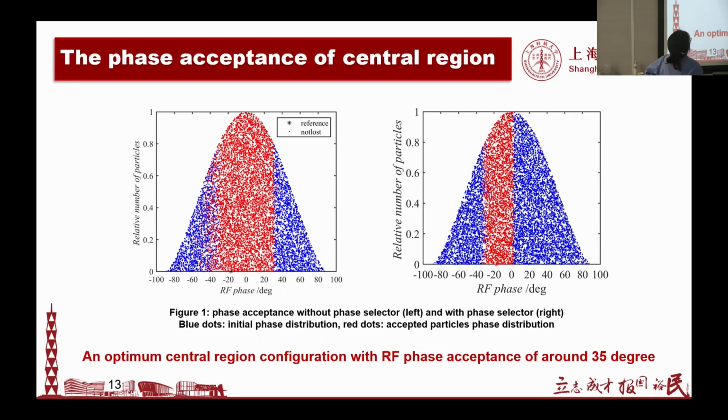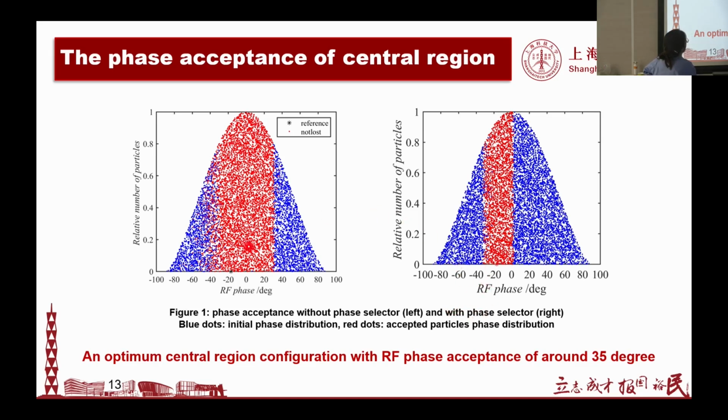This figure is the phase acceptance of the central region. The blue dots are the initial particle phase distribution from minus 90 degrees to 90 degrees. Red dots are the accepted particles' phase distribution.